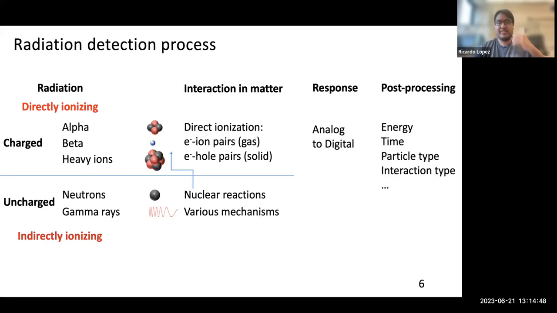But we'll get into that in more detail as the slides go on. But just as a note, directly speaking, we're not measuring the neutrons and gamma rays always directly. Sometimes we have to go about it in a roundabout kind of way in order to actually confirm their presence in certain systems.